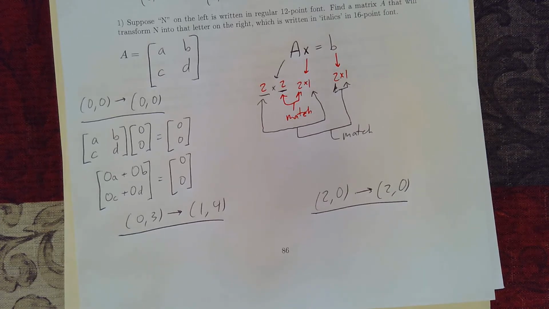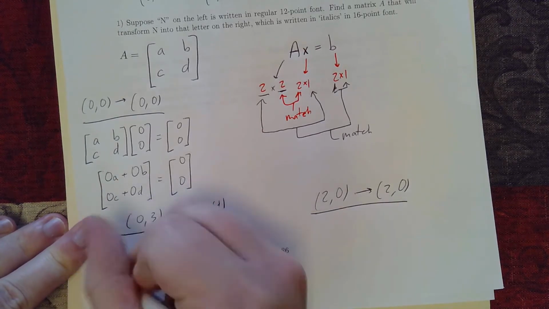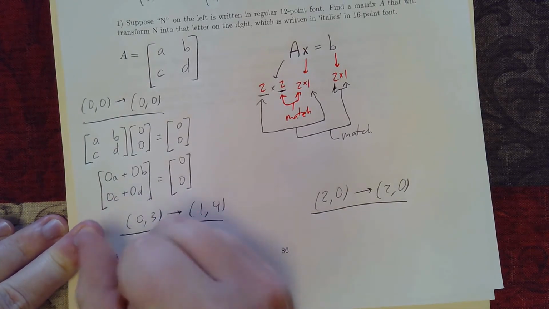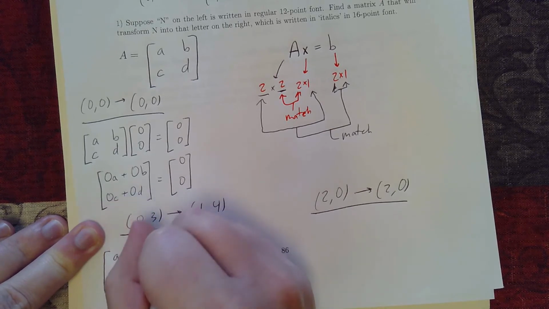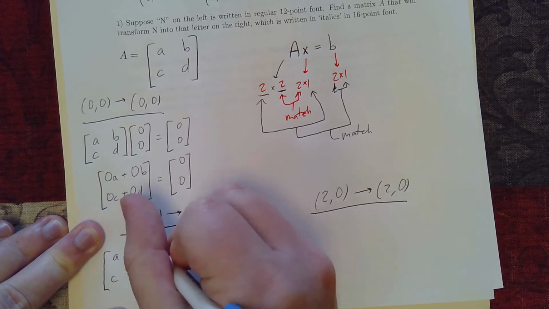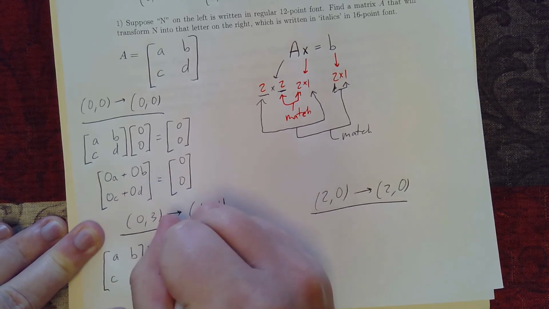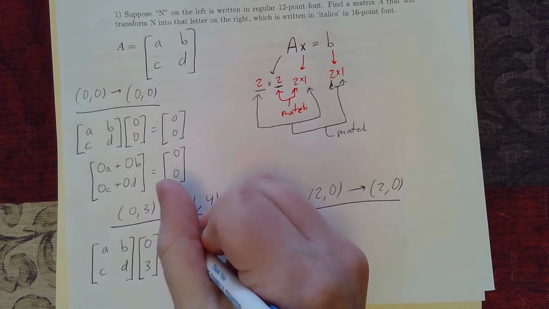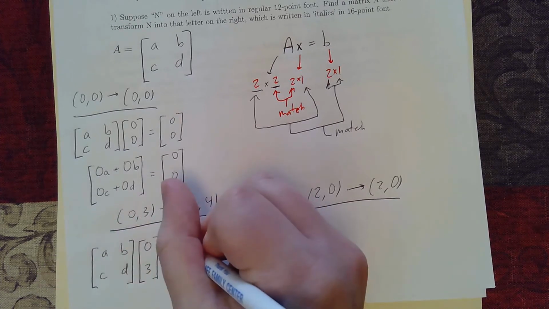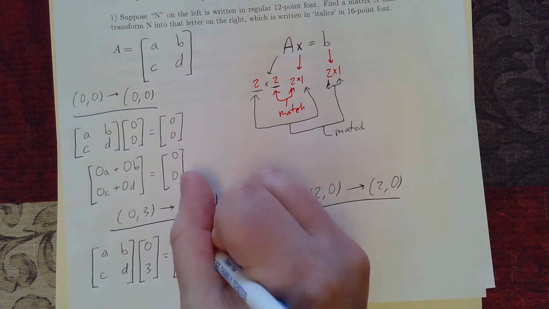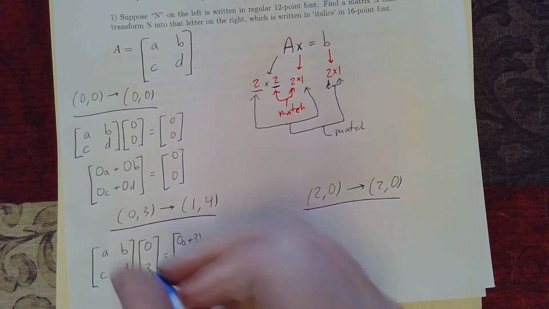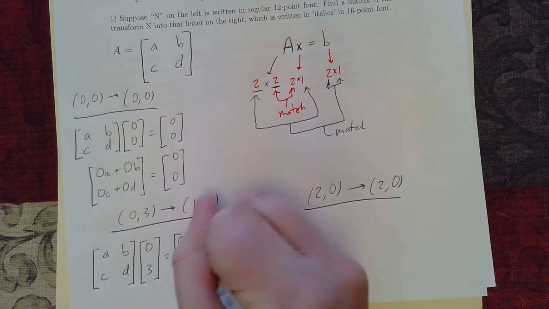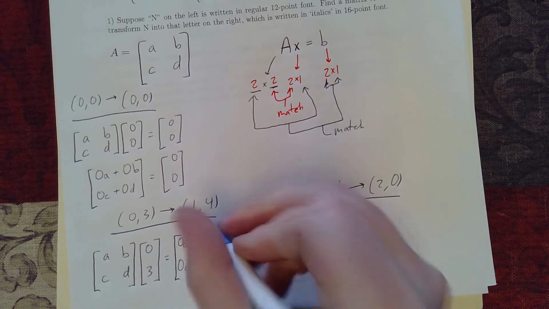Okay, you're back? Great. Now let's take A times the point 0, 3. Our goal is to set it equal to 1, 4. So let's do this multiplication. We have 0a plus 3b in the first row, and 0c plus 3d in the second row.